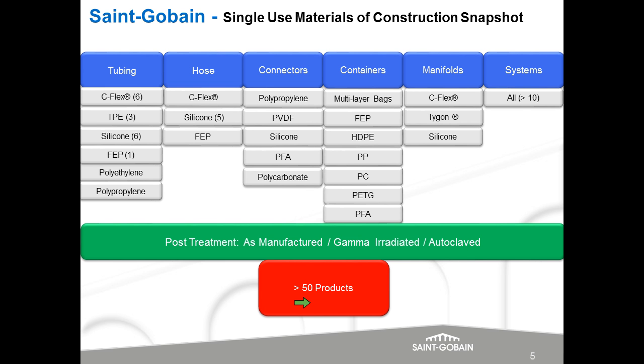And we can really predict for each of these different standards how our product will perform, and if we need to do specific testing in that area, or if we have enough of a database of fundamental understanding of how the materials of construction and the product form factors impact the extractables that we can make predictions.